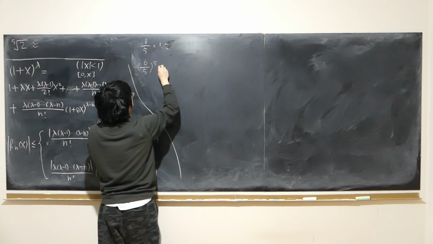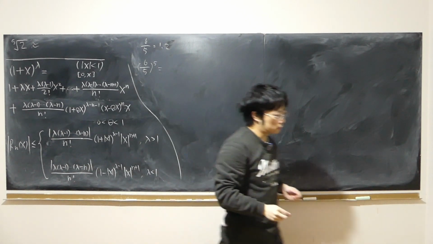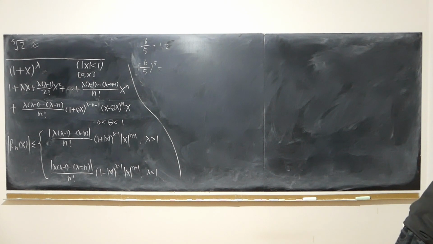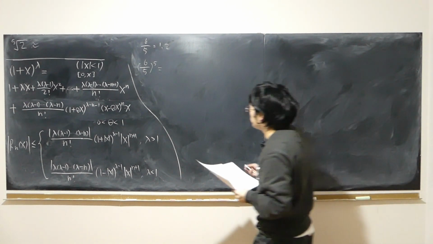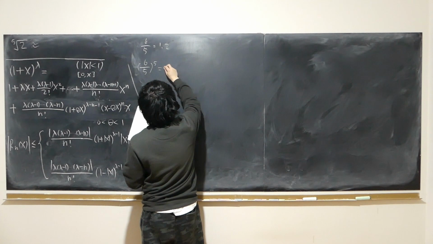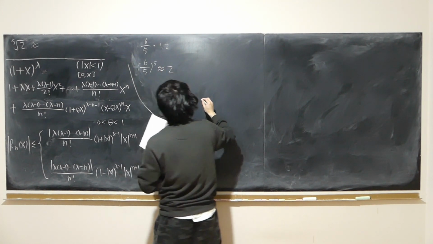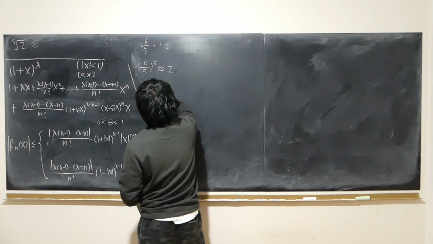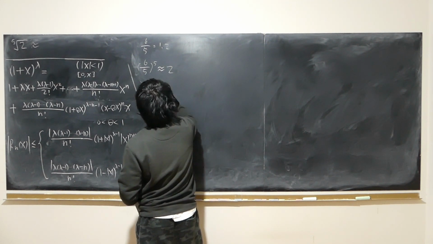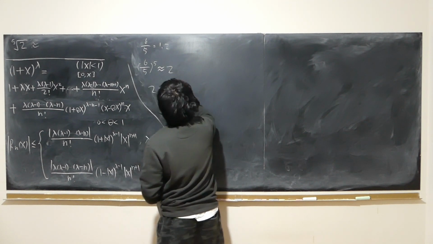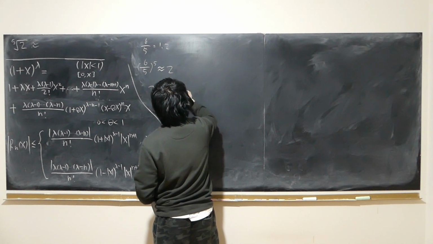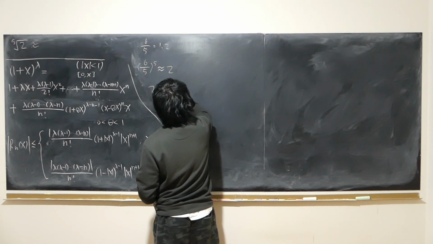It turns out to be very close to 2, a little bit bigger than 2. But now we can just simply rewrite 2 into 6 over 5 to the power of 5.